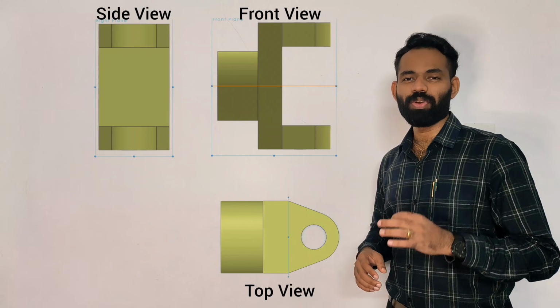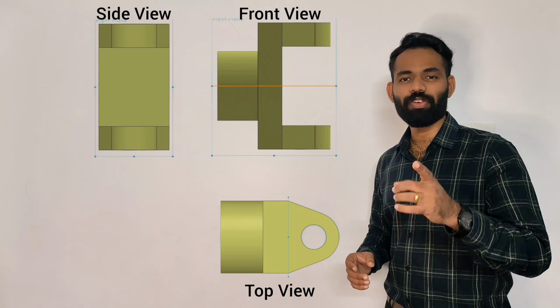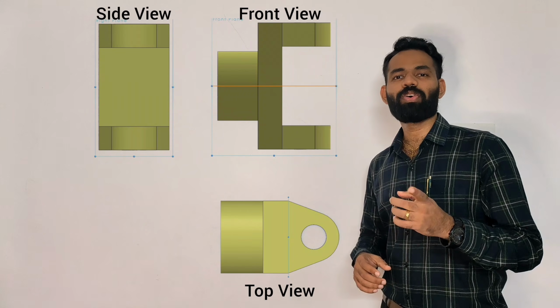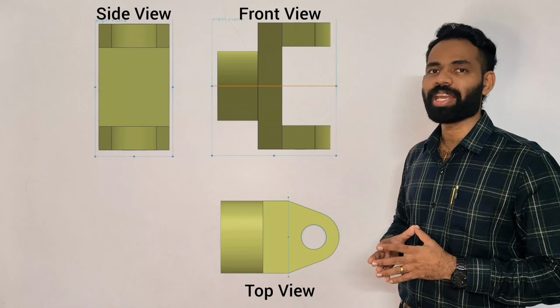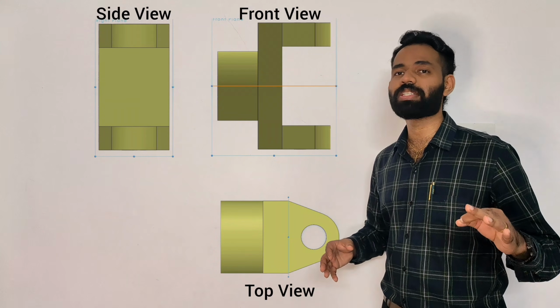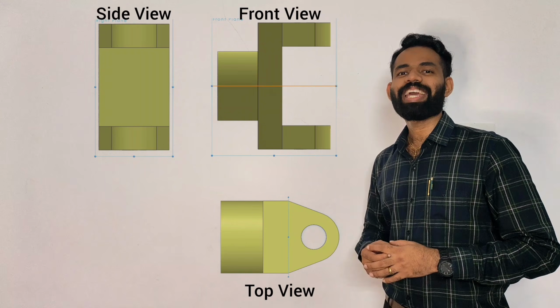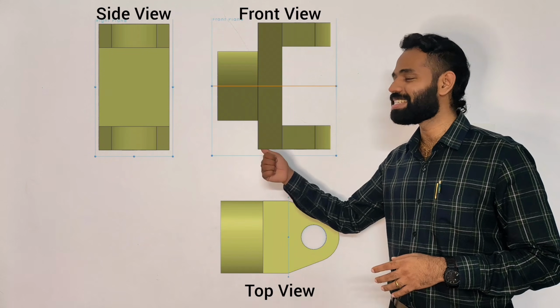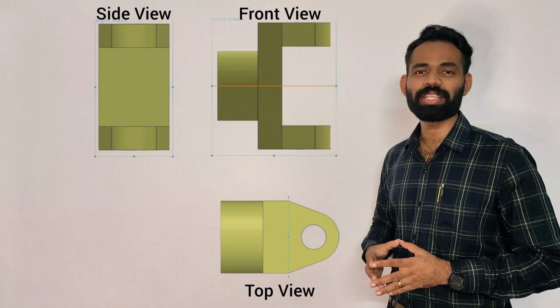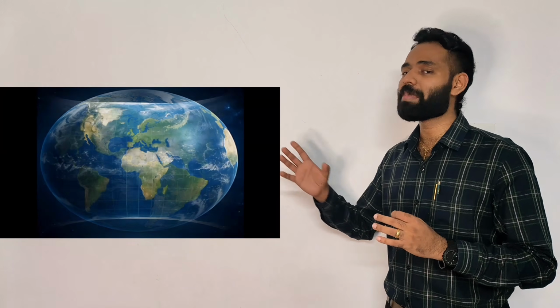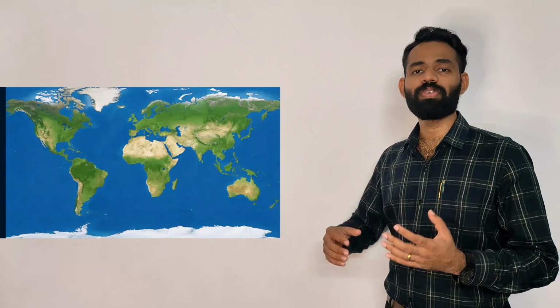Together, these views remove all ambiguity and give you clarity. You know exactly what the object looks like, even if you have never seen it in 3D. Engineering graduates will recognize this as the basic orthographic set. If you are new to it, think of it like reading a map. You see the world from above, not from your eye level.